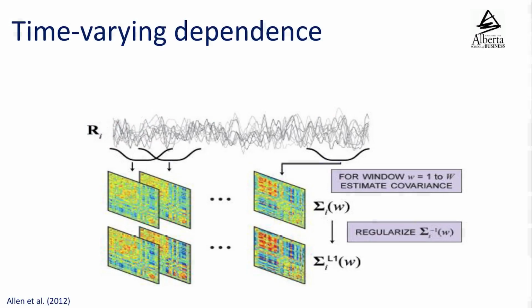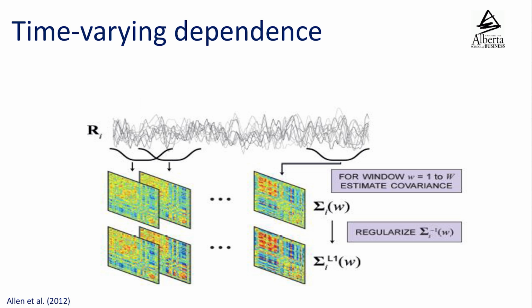The previous methods that we looked at, the correlation, covariance, and precision matrix, all have natural time-varying analogs. Using these in conjunction with a sliding window is one measure of estimating time-varying dependence.